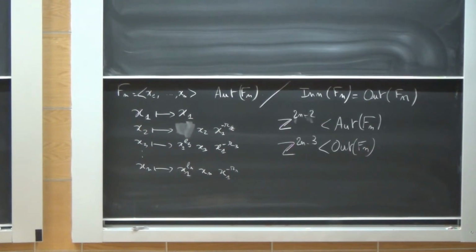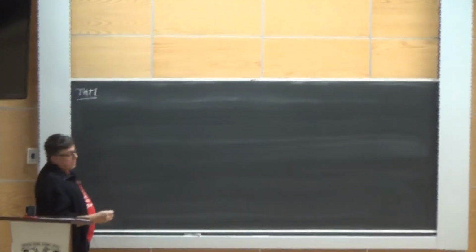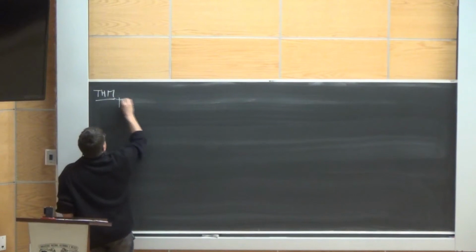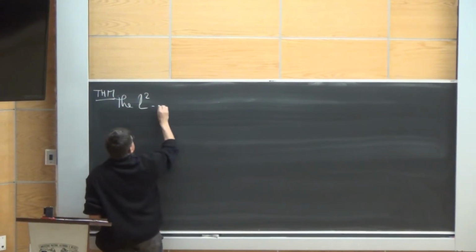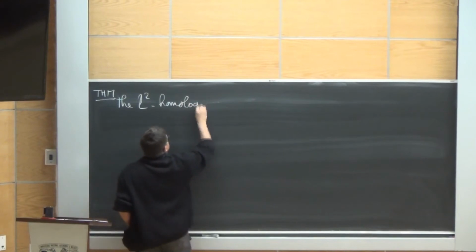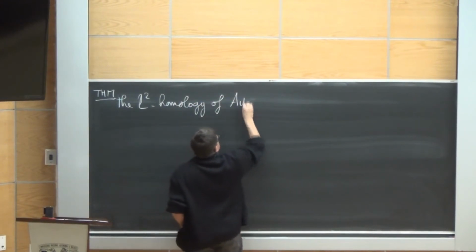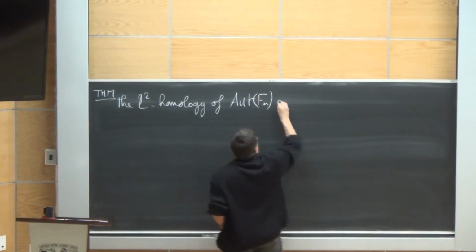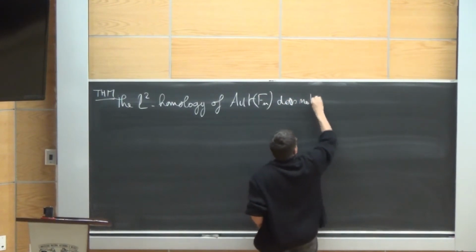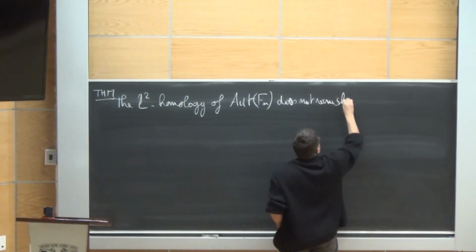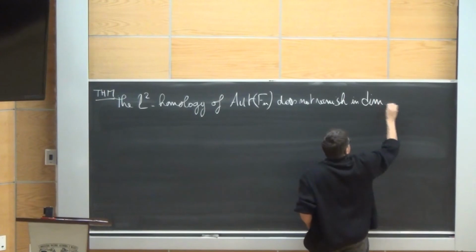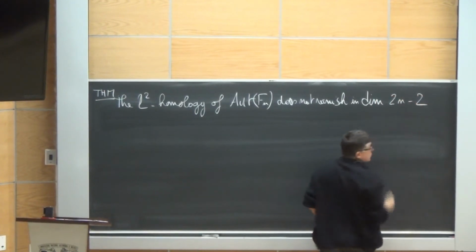Okay, now let me write the statement. So, theorem: the L2 homology of Aut Fn does not vanish in dimension 2n minus 2.